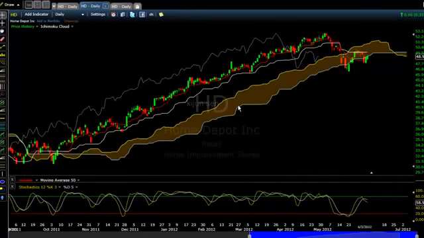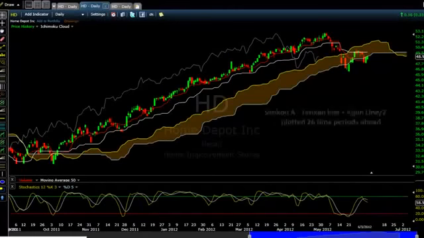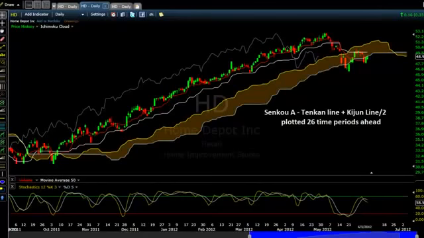Now, the importance of the Kumo, you can see the varying thicknesses, and that's because Senkou span A and B, remember, A is the sum of Tenkan-sen and Kijun-sen divided by 2, and it's plotted 26 periods into the future.